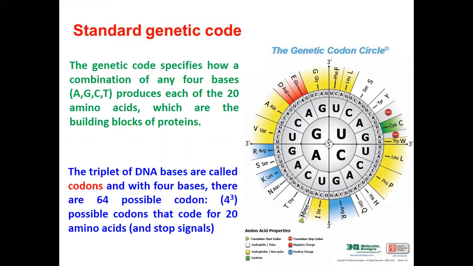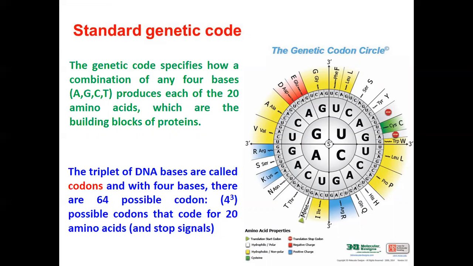The building blocks of the amino acids are different codons. So different codons make the amino acids, and amino acids make the protein, and the genetic code specifies the amino acids.